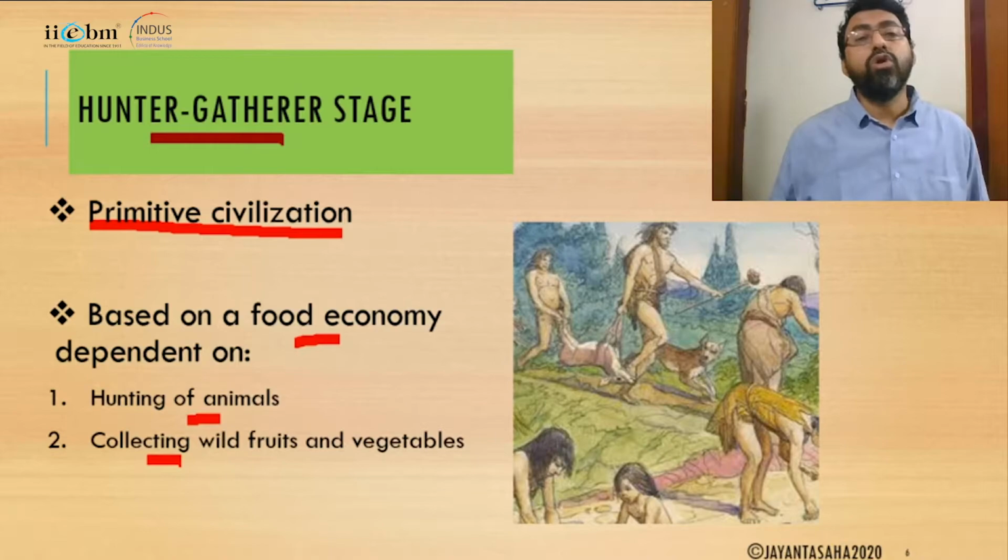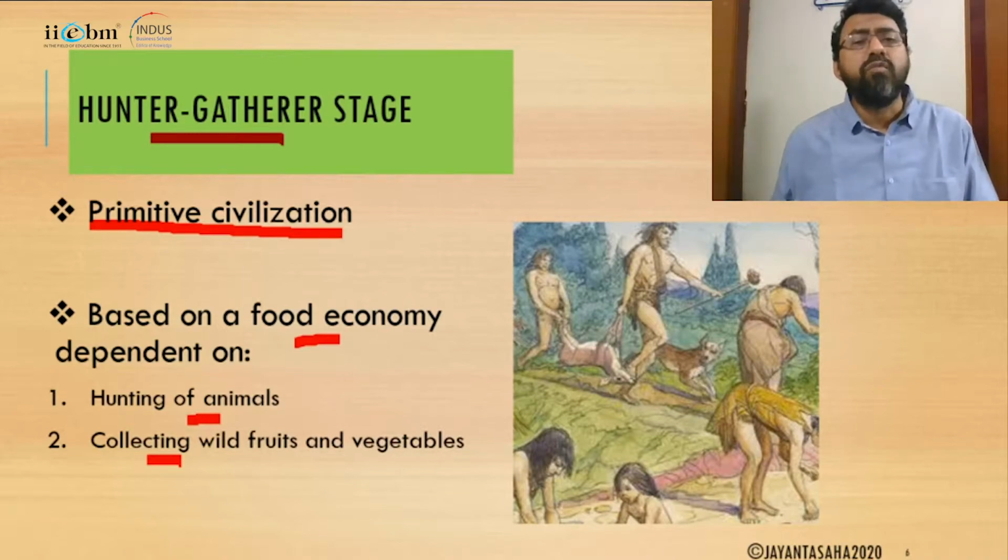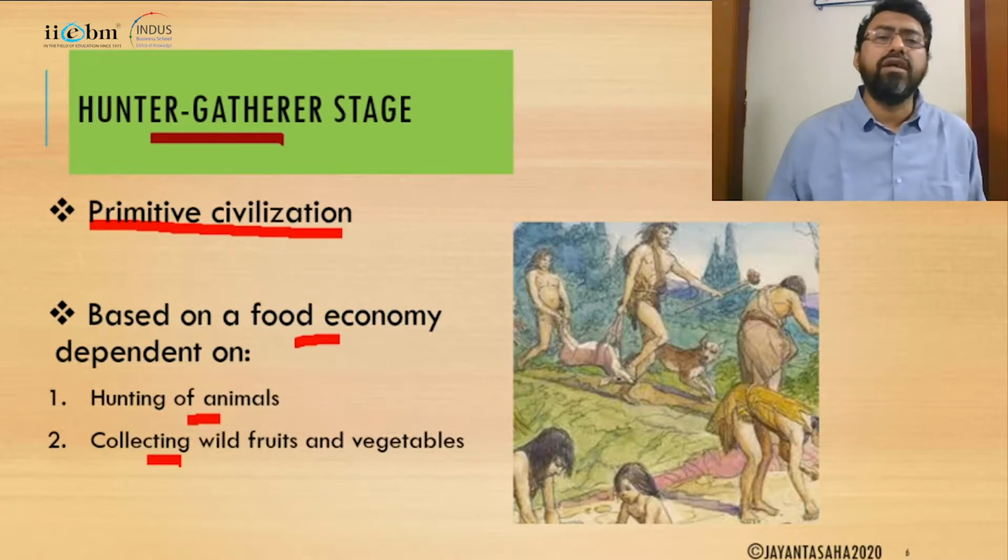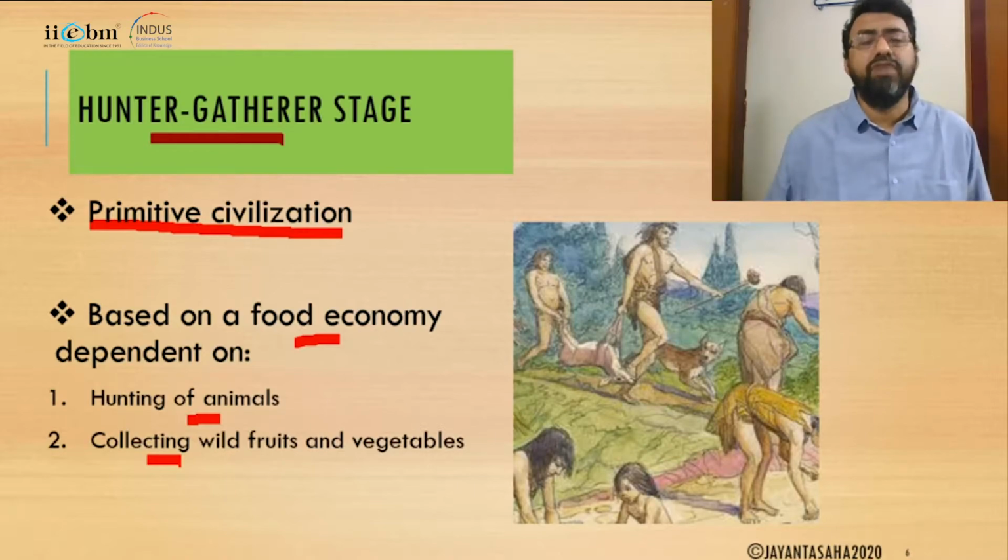So you could call present civilization as quote unquote modern civilization. And from the lens of modernity, you will find that the hunter gatherer stage looks like a primitive civilization, quote unquote primitive civilization. Okay, so of course, one man's patriot is another man's terrorist. What is primitive to us today was just normal life for them at that particular period of time.